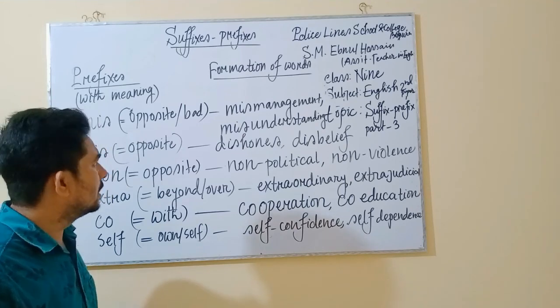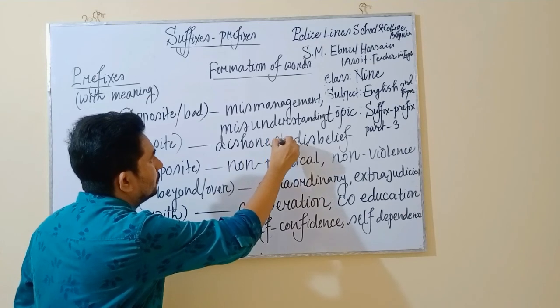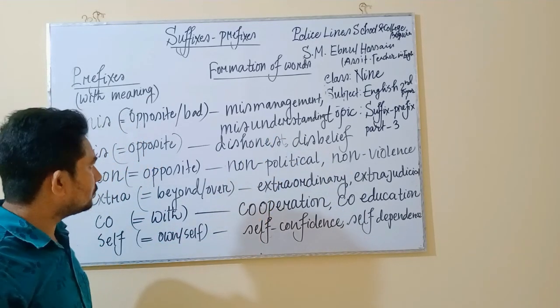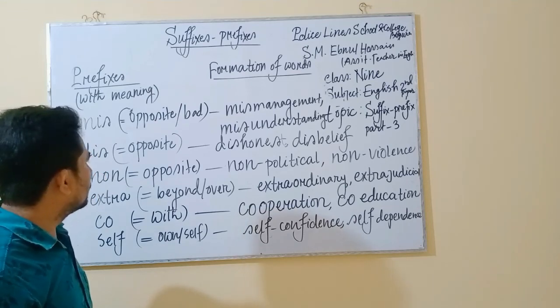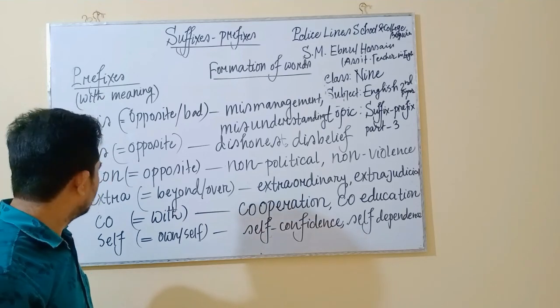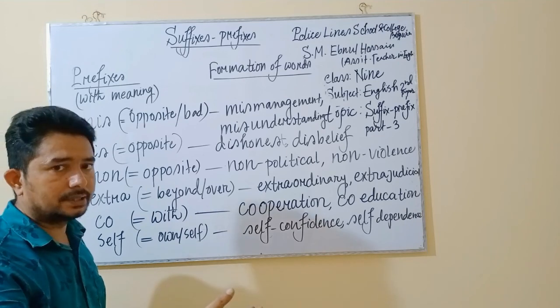DIS, opposite: dishonest, disbelief. And NON, this also gives the meaning opposite: non-political, non-violence.